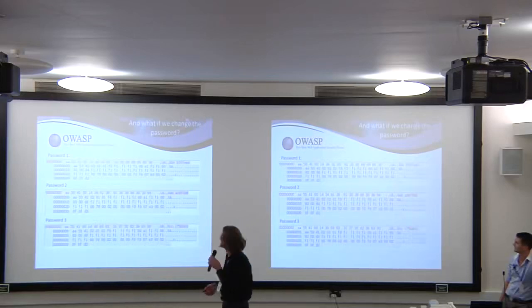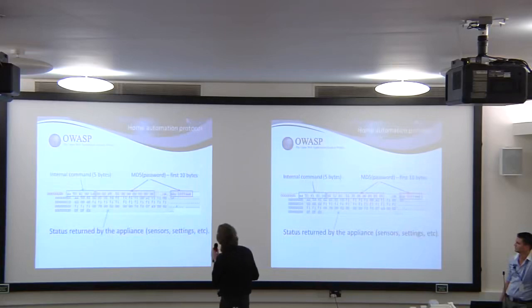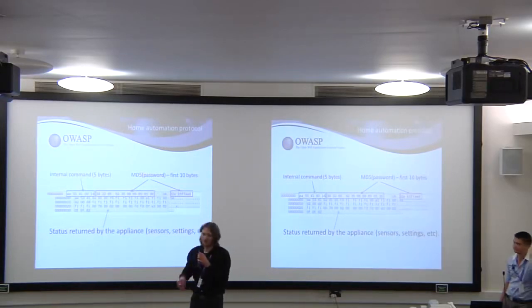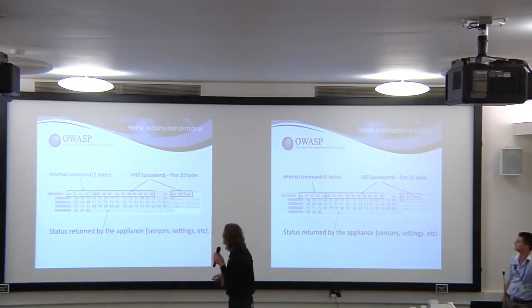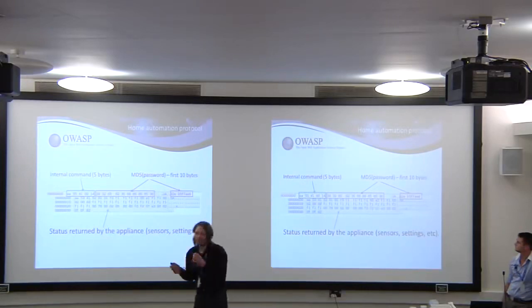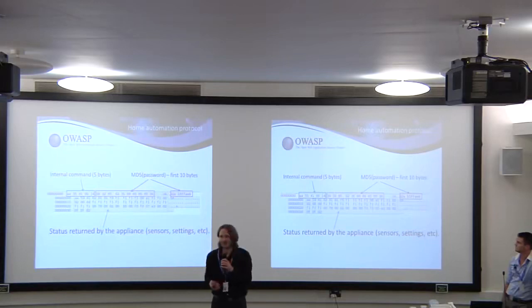Well, obviously, you can see where the password is. So, of course, it's some kind of obfuscation. It turned out that, in fact, the client sends just an internal command, which is directly transferred to the home automation network, and it's followed by MD5 of the first bytes of the password.